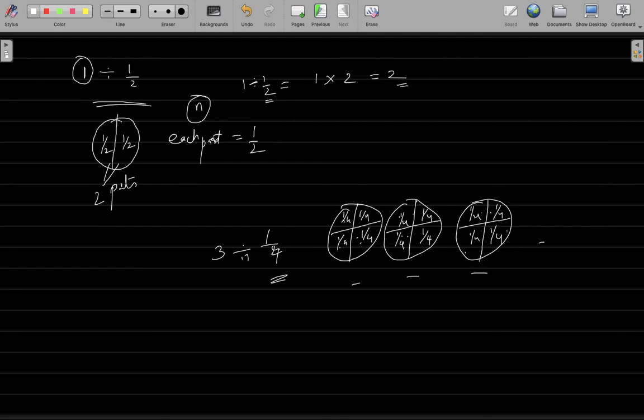So totally you got 12 such parts, isn't it? This is what you find out when you are actually dividing. 3 divided by 1 by 4: how to obtain this mathematically? We are multiplying by the reciprocal, 4 by 1. 3 times 4 by 1 is nothing but 3 times 4, which is 12.